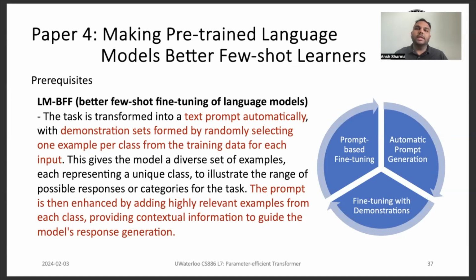An example from each class of the training data is added to the prompt, which is then fed to the LLM. We can see this as a task input which can be converted to a prompt, which fits the basic format for the LLM. This prompt also includes examples from every class. We can see that as one example from each positive and negative class from reviews about a restaurant.